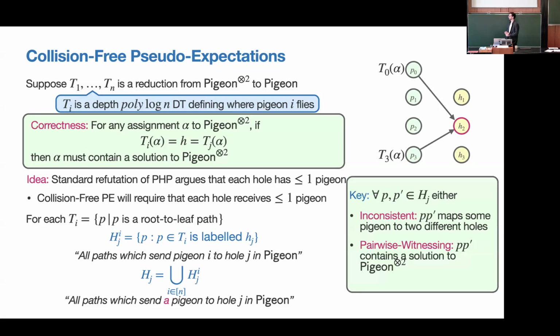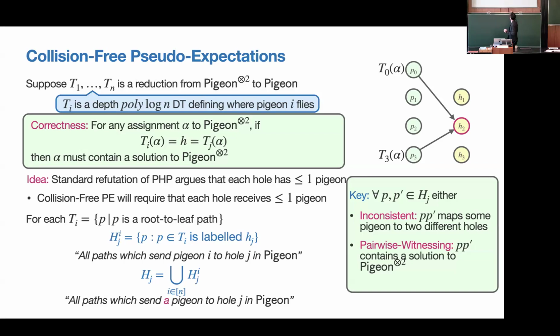The key property that we're going to look at from this set is that for any pair of paths which map a pigeon to the same hole, they're either inconsistent, meaning the paths map one pigeon to two different holes in the pigeon squared instance. It's a little confusing because they're on the variables of pigeon squared. So either these paths are inconsistent, so formally they're the zero polynomial, or they witness a solution to pigeon squared.